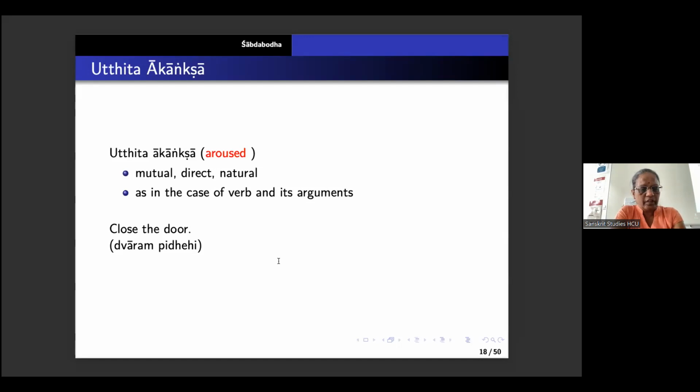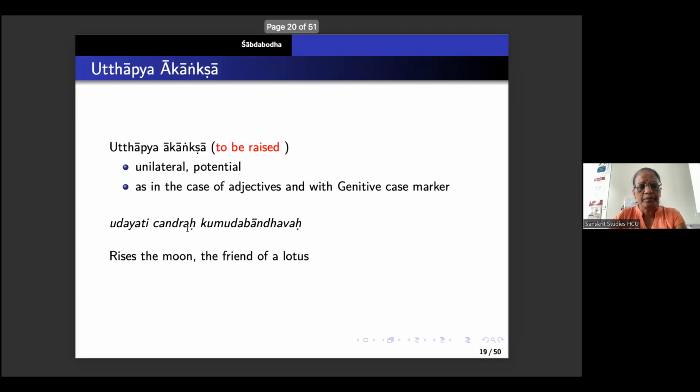In Sanskrit, we have this suffix, accusative marker, which tells you that this dvara, that is the door, is the object of this verb. So these expectancies are mutual. Both the verb close as well as the word in this position have expectancies for each other.